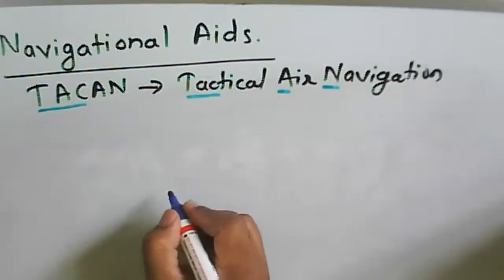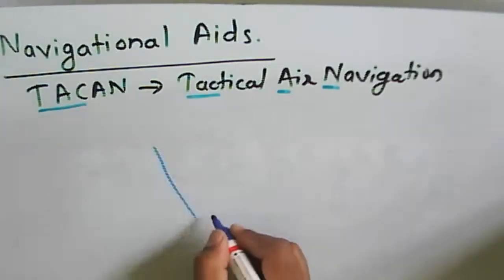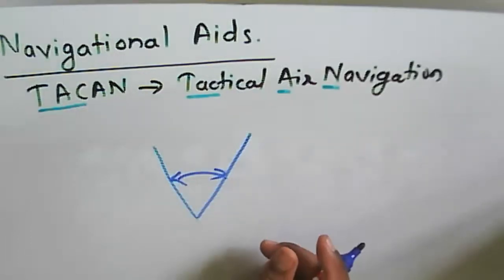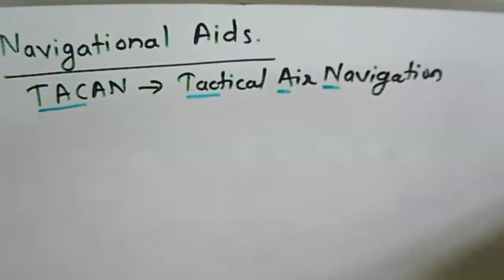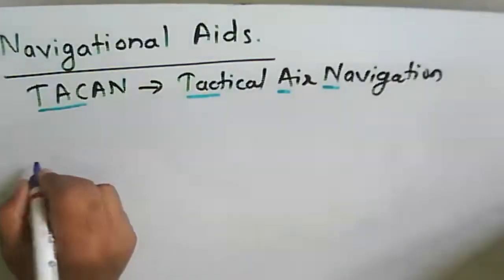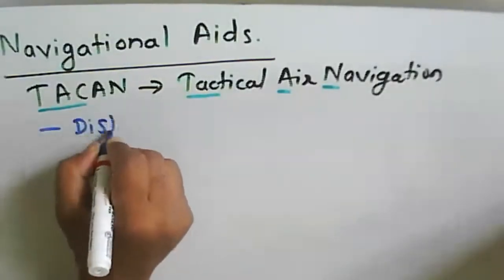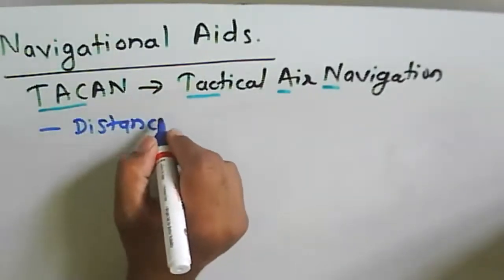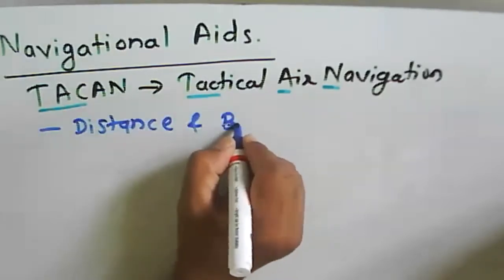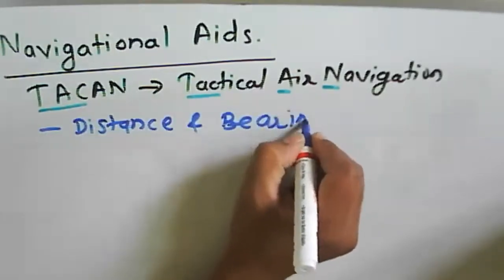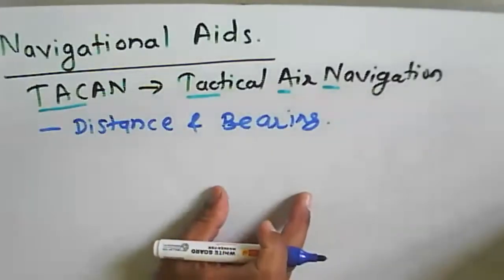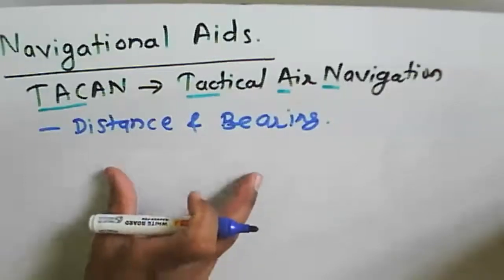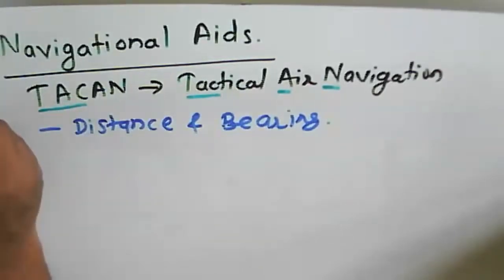So that is the bearing information from the ground station provided by this TACAN system. We can say it is useful for distance and bearing information from the ground system. It's just similar to the VOR.